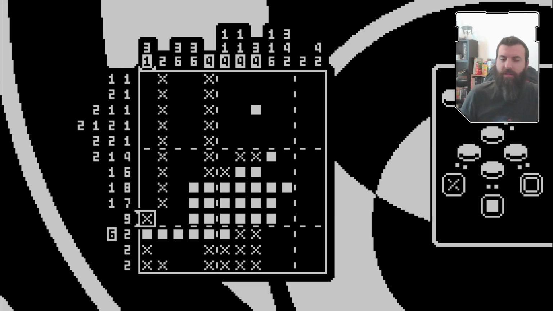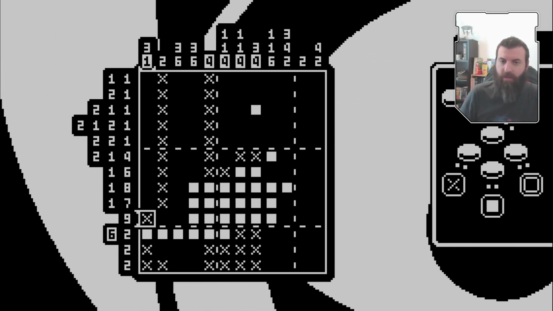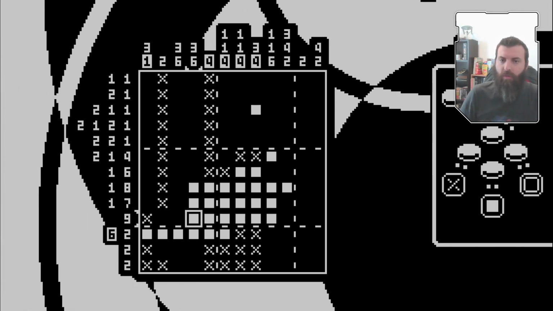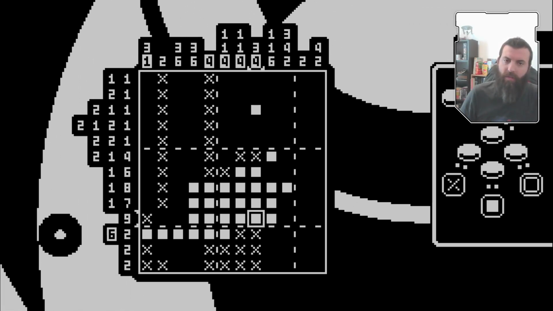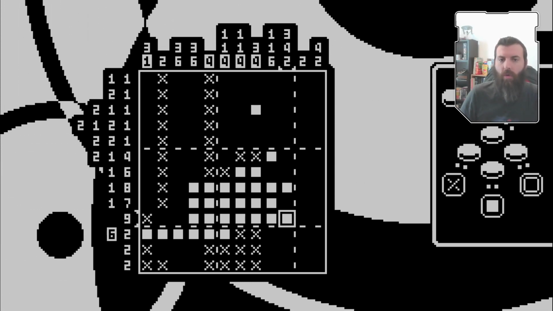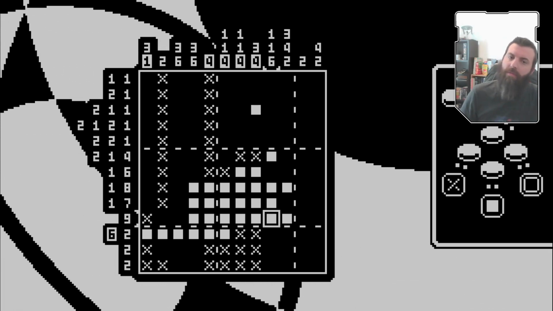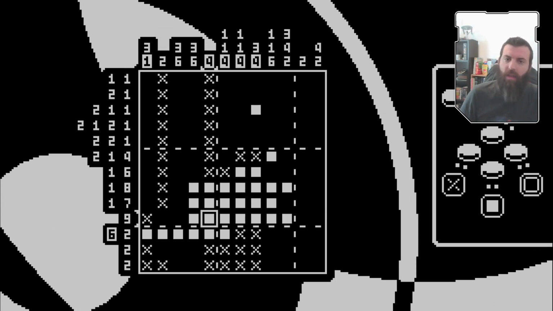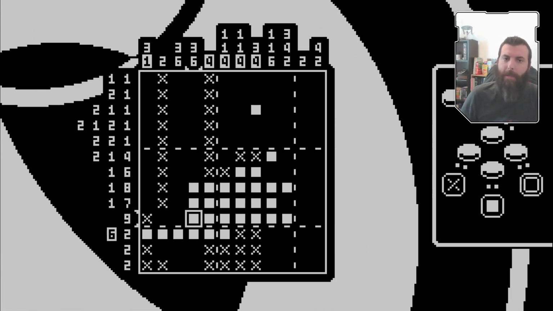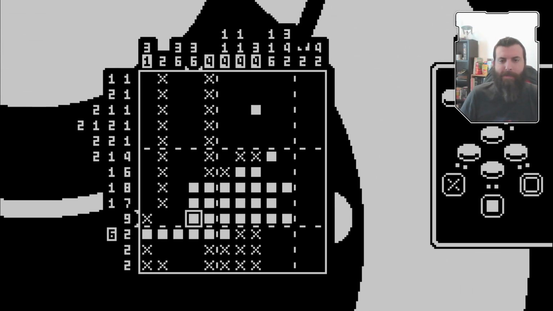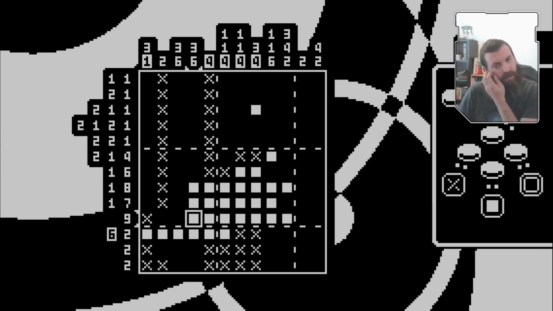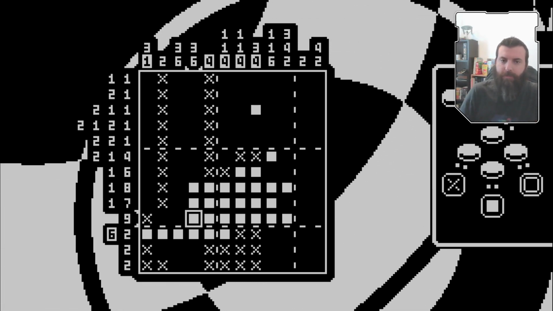That gives us an extra pixel of certainty on the 9. So 1, 2, 4, 5, 6, 7, 8, 9. Or 1, 2, 3, 4, 5, 6, 7, 8, 9. Shifting it over by 1 pixel.